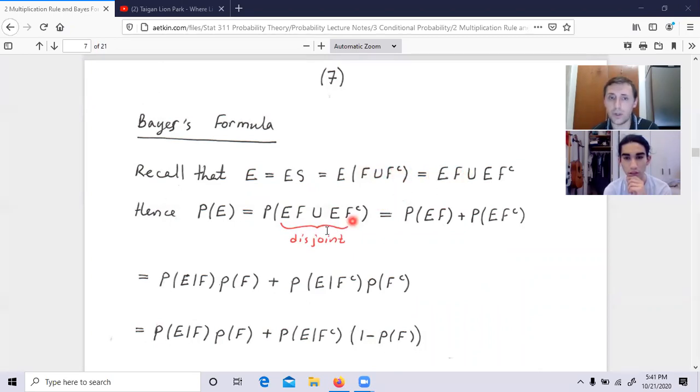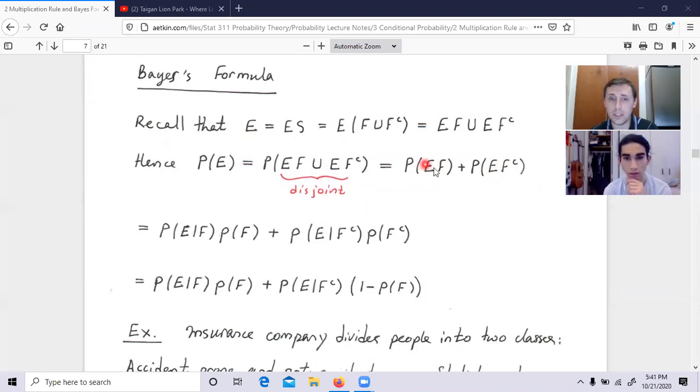And those are disjoint events because you cannot have both F and not F happening, right? And so the probability of E is the probability of the sum of E intersect F and E intersect F complement. And this is just an intersection. I can use the conditioning.